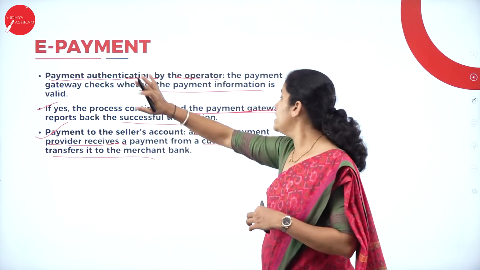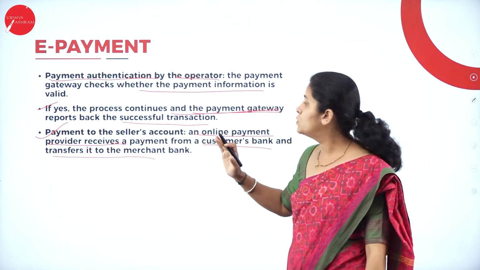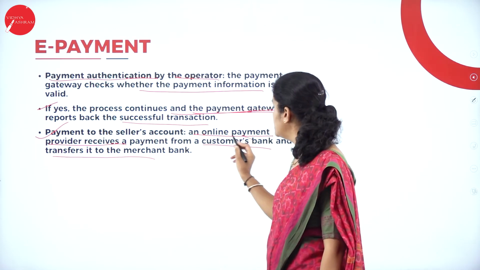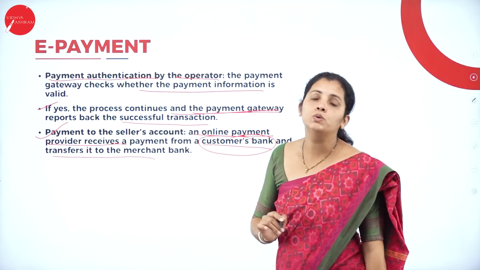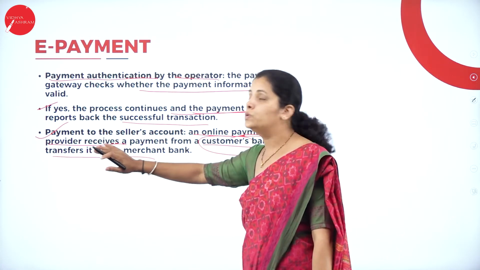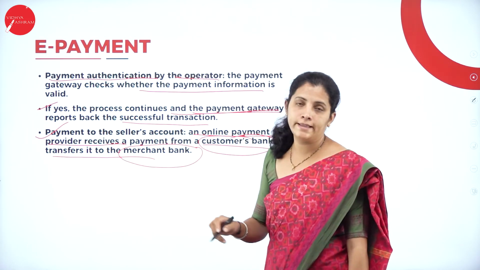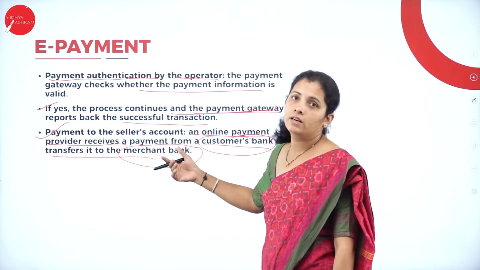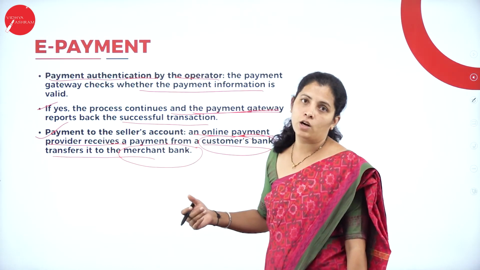So in e-payment, an online payment provider receives the payment from the customer, that is the end user bank, and transfers it to the merchant bank. Here the merchant bank is nothing but the organization's bank. That means each organization holds its own bank accounts.